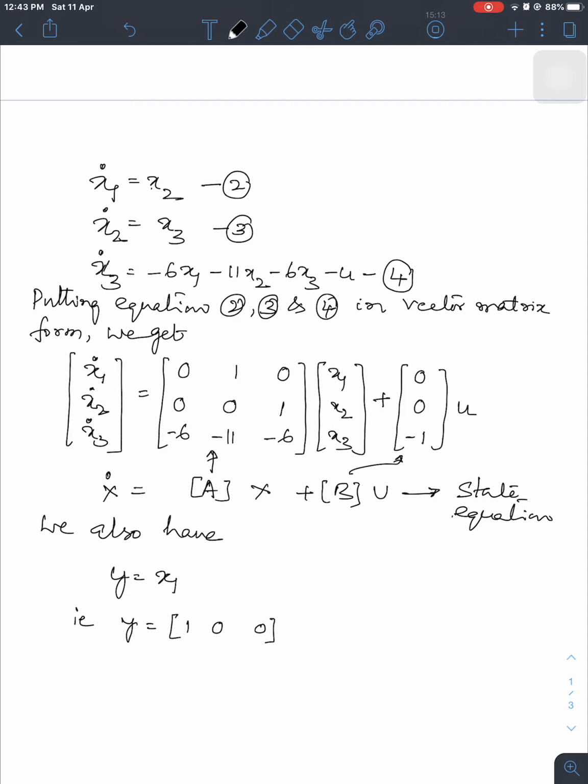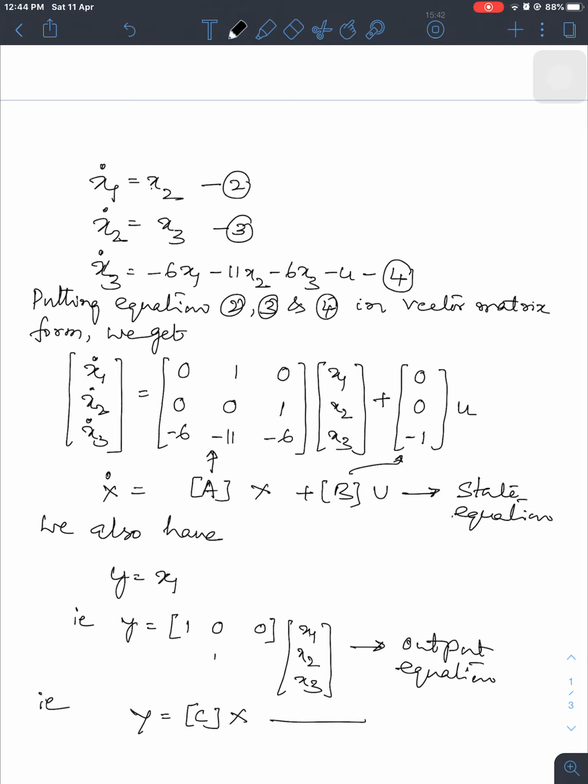There is no x3 term, 0. So 1, 0, 0 times x1, x2, x3. This is what we call the output equation. This is matrix C. In the standard form, we write it as matrix C into x.